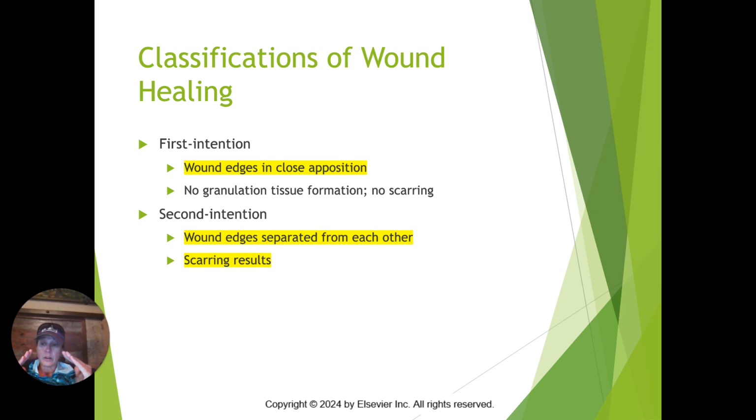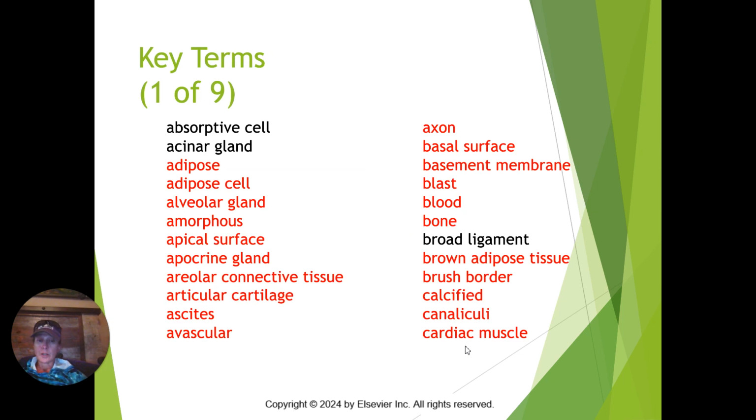So if I have a larger wound, or a wound that is heavily infected, sometimes we have to let that wound essentially heal from the inside out, is how I describe it for clients. And we call that second intention healing, meaning there is a greater amount of granulation tissue, a greater amount of scarring, a greater amount of contracture when everything is said and done.